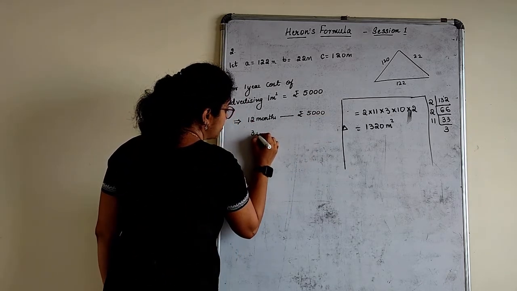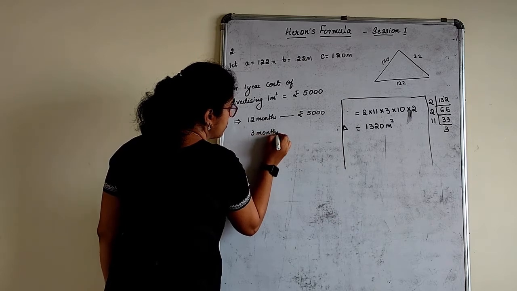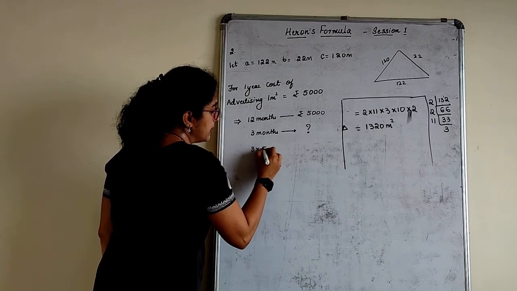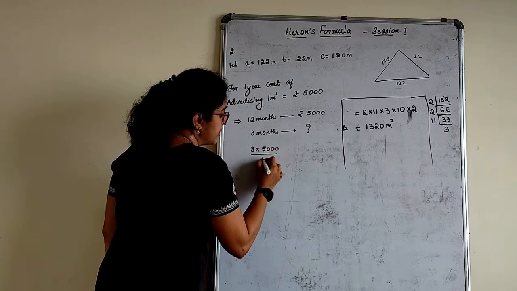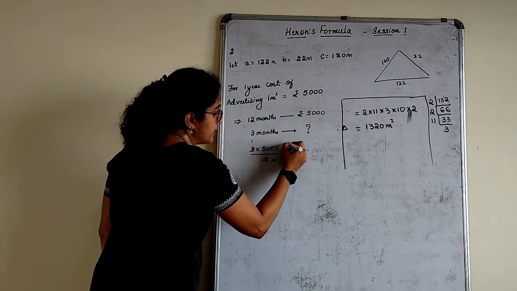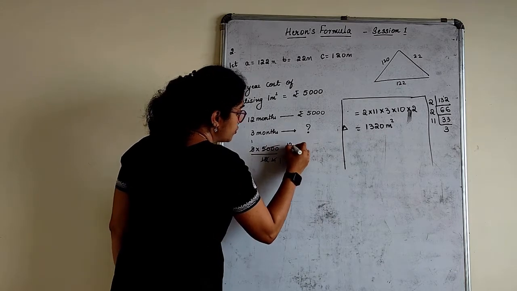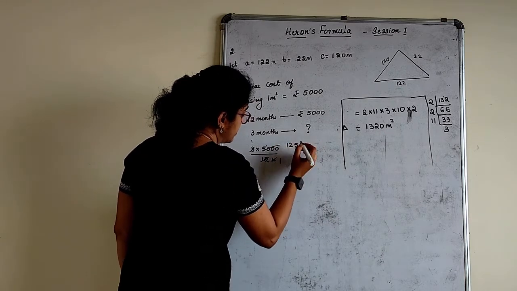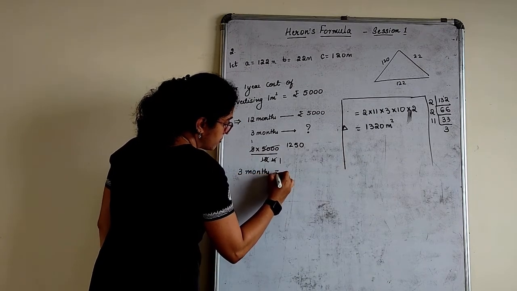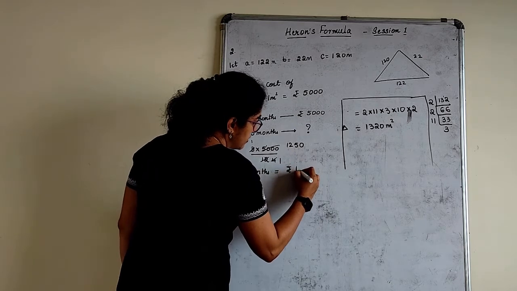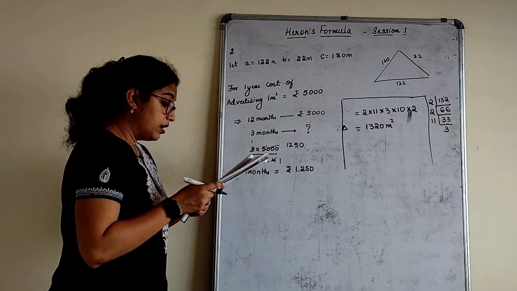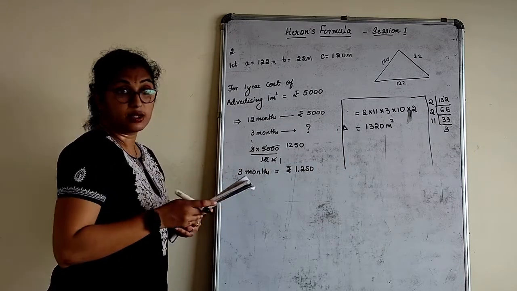For 3 months. What will be my amount for 3 months? This is 3 into 5,000 divided by 12. 3 ones are 3, 3 fours are 12, 4 twos are 8, 4 fives are 20, 0. So for 3 months it's rupees 1,250.